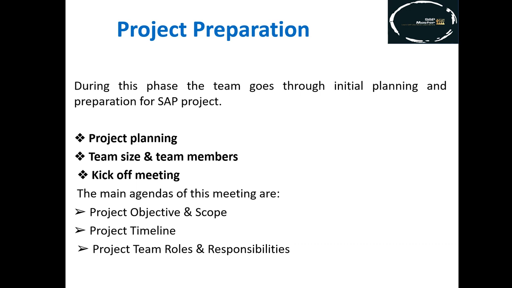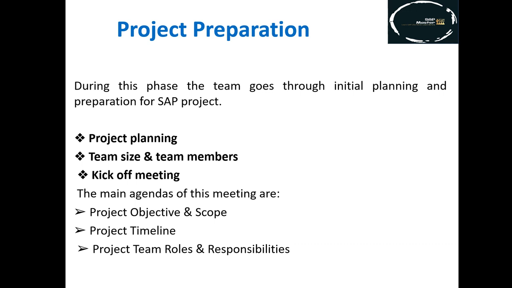Okay, in this phase we are deciding how many members are required to complete this implementation process, maybe from our side how many consultants are involved in this project, and with whom we are discussing this. We are discussing with the core team members from the client side. Who are the core team members?